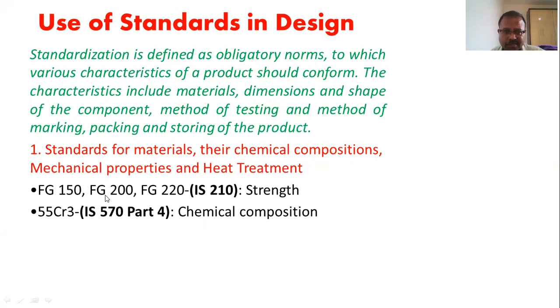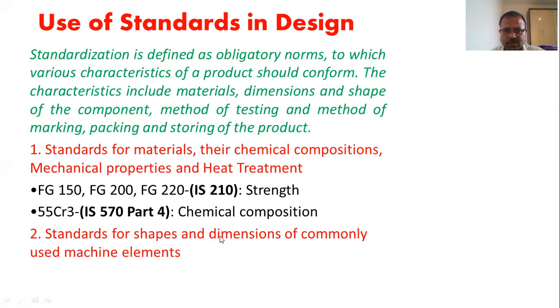FG200 means gray cast iron with 200 Newton per mm square. So strength is given according to this standard. In IS 570 part 4, we can designate the materials with the help of chemical composition. 55C3 is a steel with 0.55% of carbon and 3% of chromium.